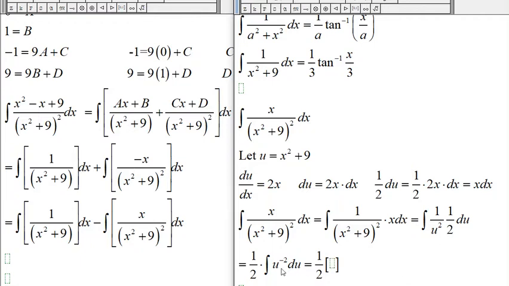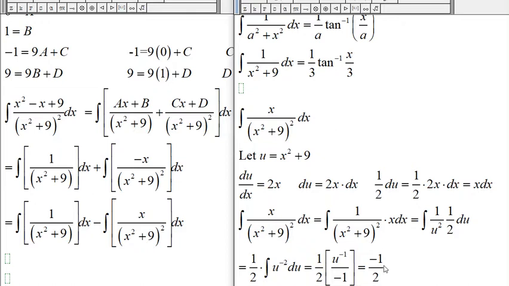The antiderivative for u to the negative 2, add 1 to the exponent, we get u to the negative 1, and then divide by negative 1. So this becomes 1/2 times 1 over negative 1, and 2 times negative 1 is negative 2, so 1 divided by negative 2 is negative 1/2.